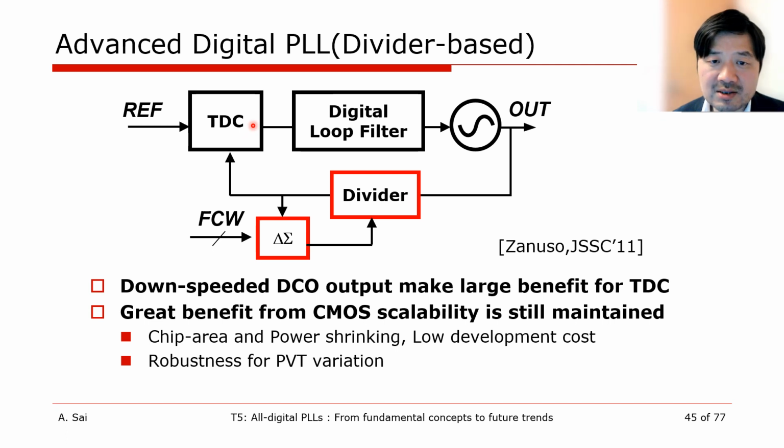Furthermore, the next rate TDC, which will be explained later, enables even higher resolution and low power consumption. However, like the analog PLL, there is a demerit that causes the problem of the fractional spur caused by the switching of the delta sigma modulator of the division ratio.